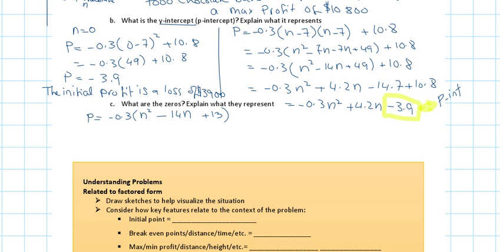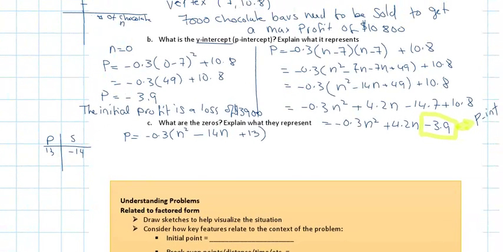Then what do I do after that? So my product is 13 and my sum is negative 14. What multiplies to 13 and adds to negative 14? Negative 13 and negative 1. That's right. 13 and 1 gives you positive 14, so it won't work, right?